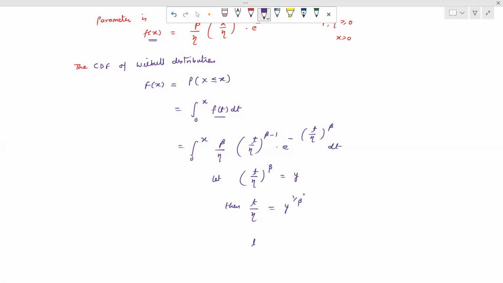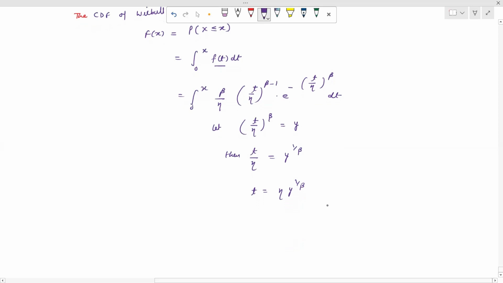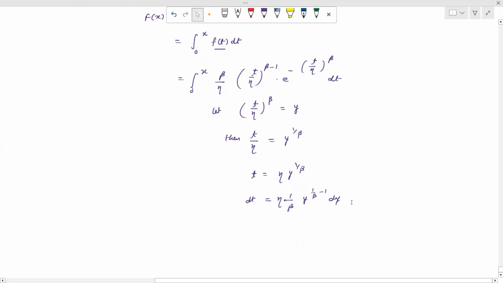The value of t is eta times y raised to the power 1 upon beta. Now we calculate dt by differentiating: this gives 1 upon beta, into y raised to the power 1 upon beta minus 1, into dy.